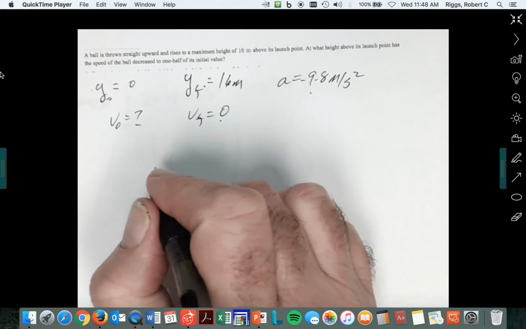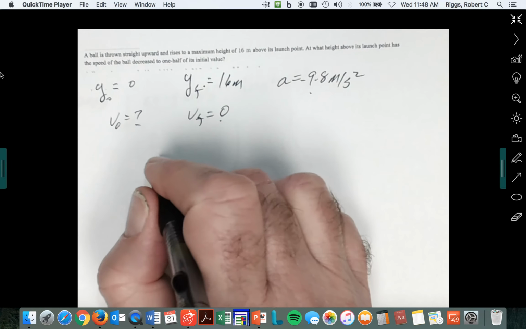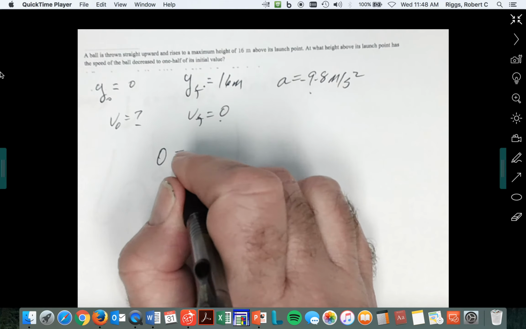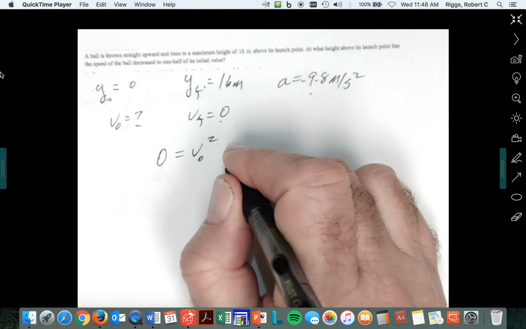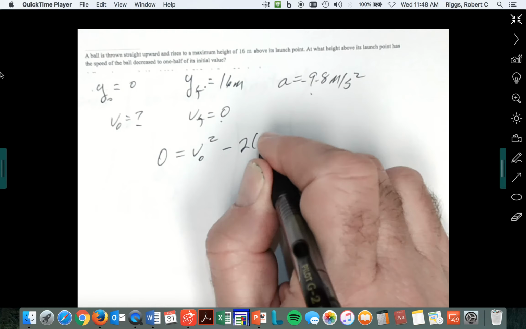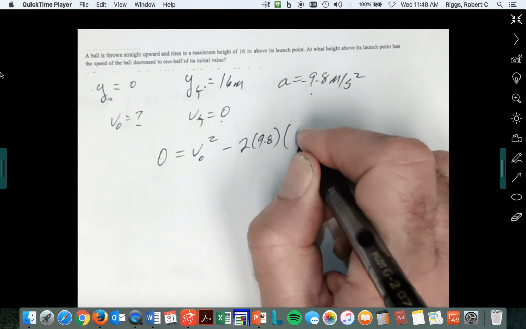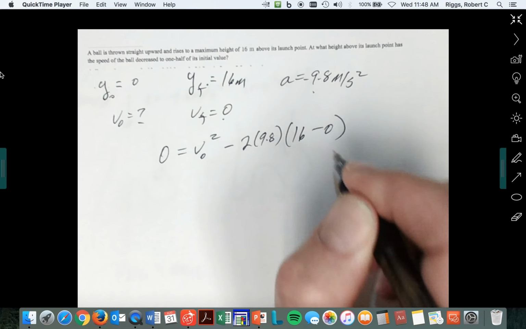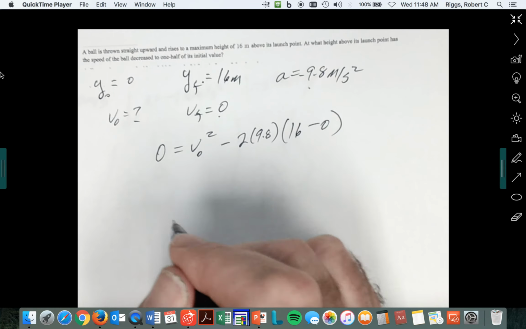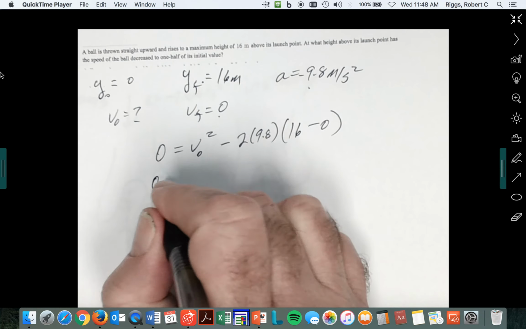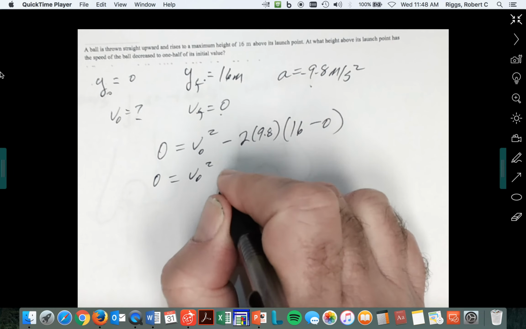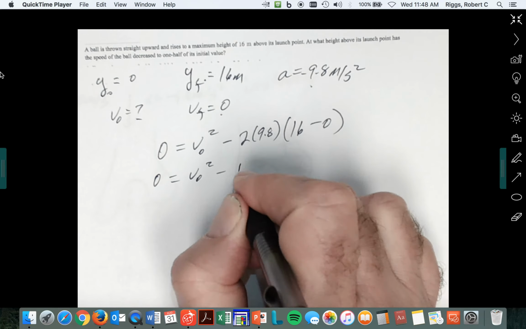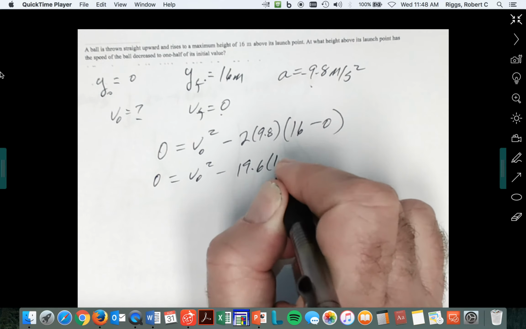V final, 0, is equal to V naught squared minus 2 times 9.8 times 16 minus 0. So we've got 0 is equal to V naught squared minus 19.6 times 16.